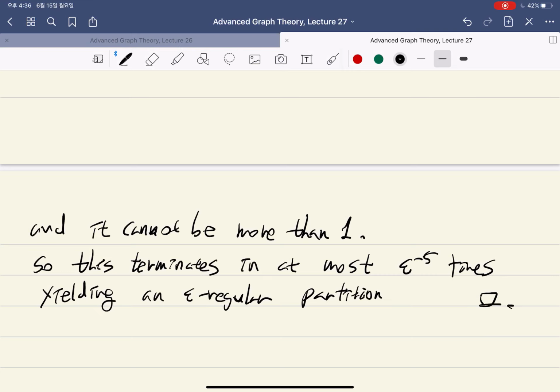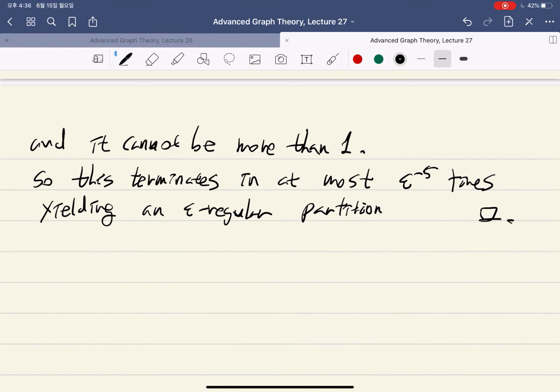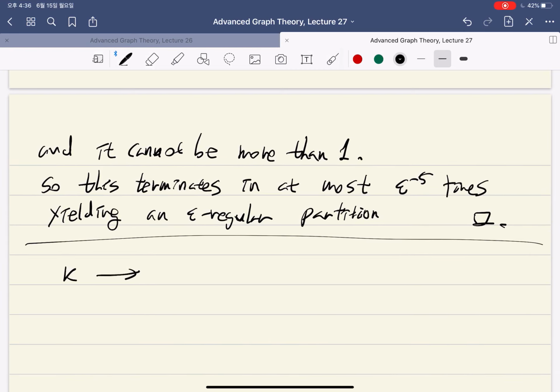And the number of parts we get only depends on epsilon, not the size of the original graph. So in each step, the number of parts goes from k to at most k times 2 to the k.